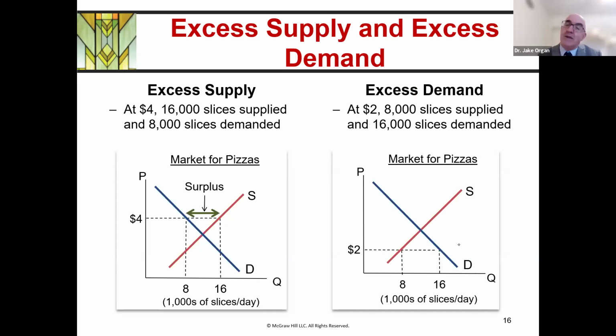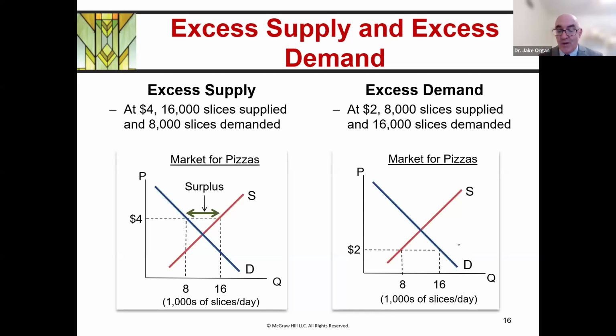Let's think about it the other way. If the price is $2 for some reason, demand is going to be high, everyone wants pizza at that price, 16,000 slices a day. But then people are thinking, I'm not going to make pizza, I might as well be doing something else. And so they're only producing 8,000 slices of pizza.